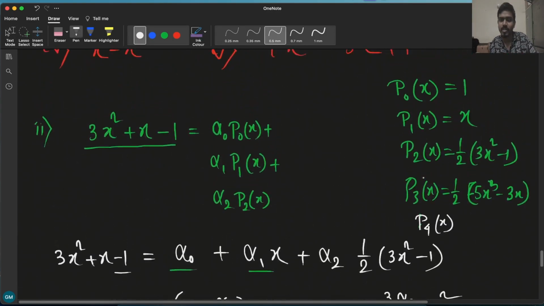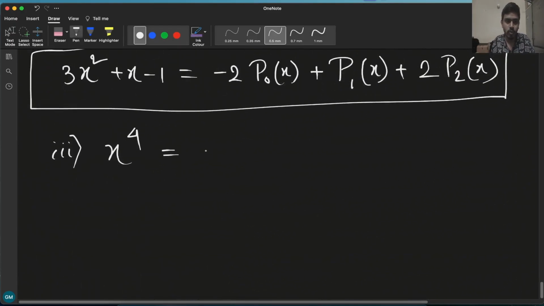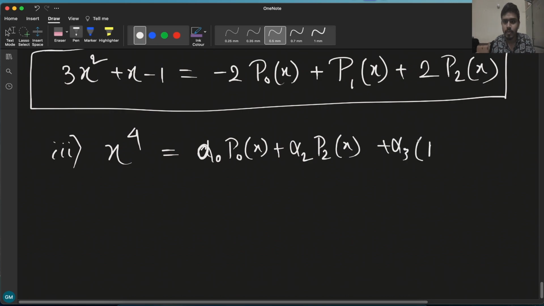So we should write the linear combination up to P4, that is alpha 0 P0(x) plus alpha 2 P2(x) plus alpha 3 P3(x) plus alpha 4 P4(x), up to this.